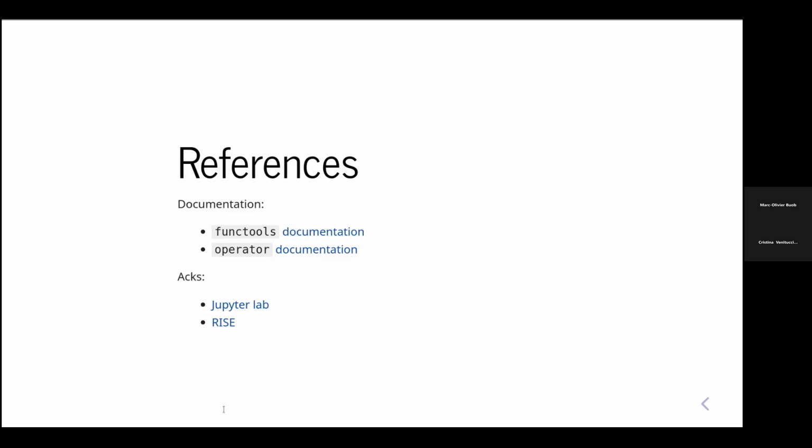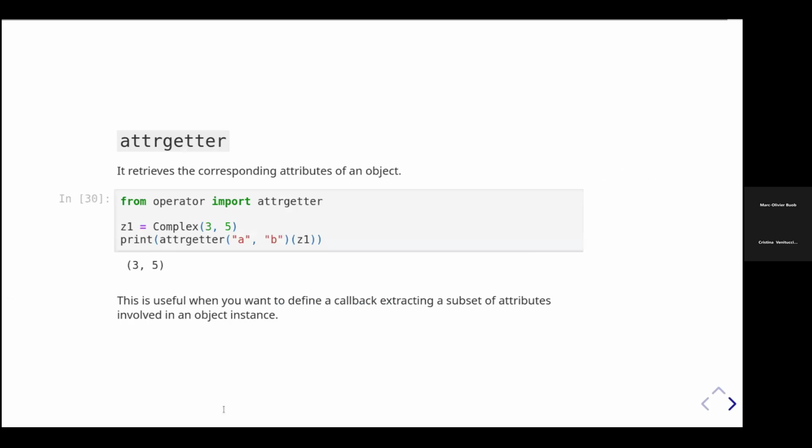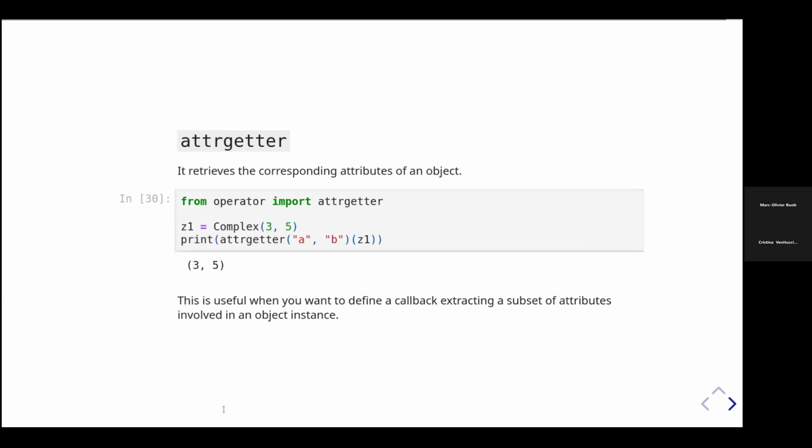And my question is philosophical. For example, typically for attrgetter, which you would use in a sorting operation as a key, for example, on the real part.